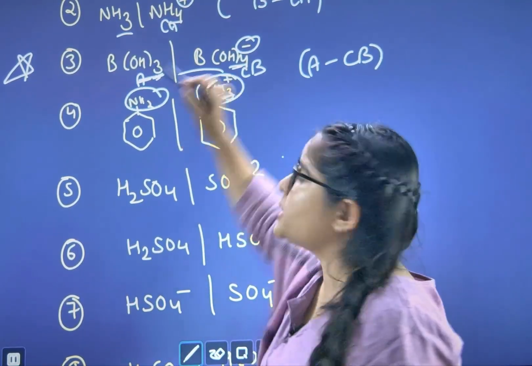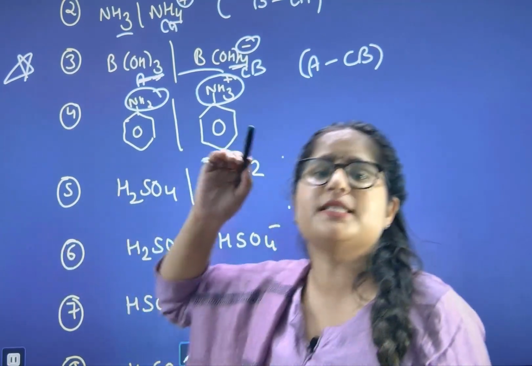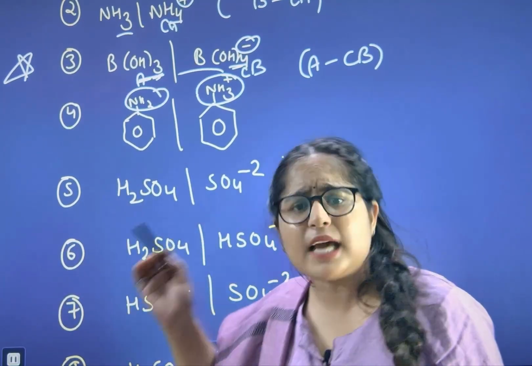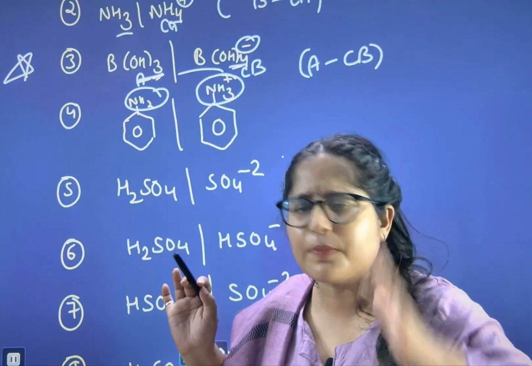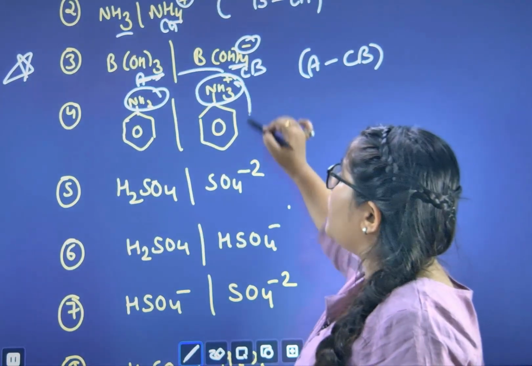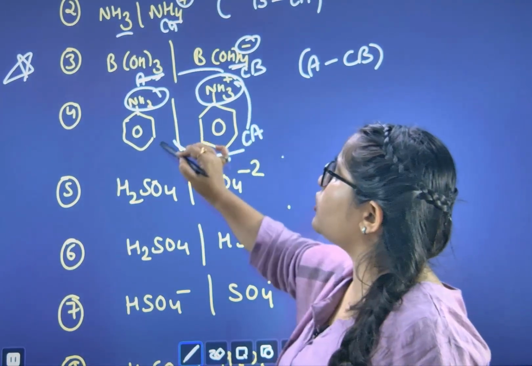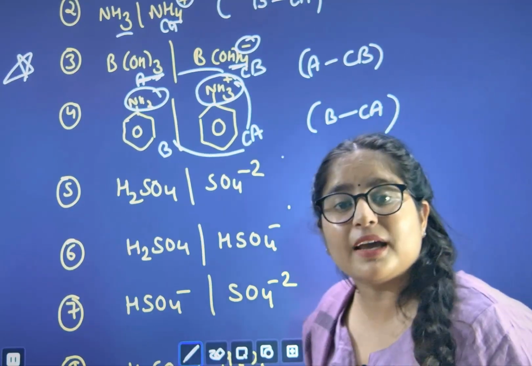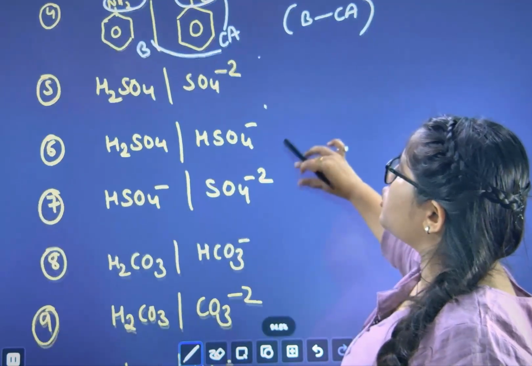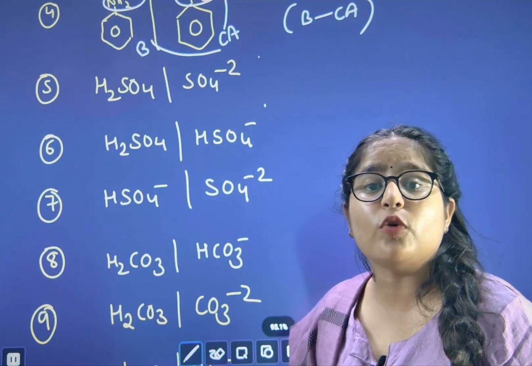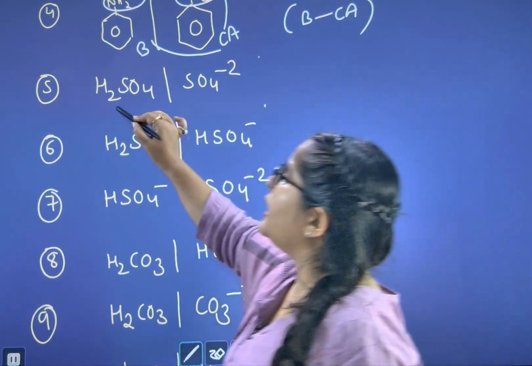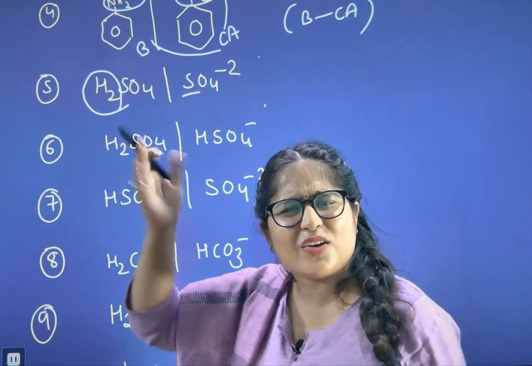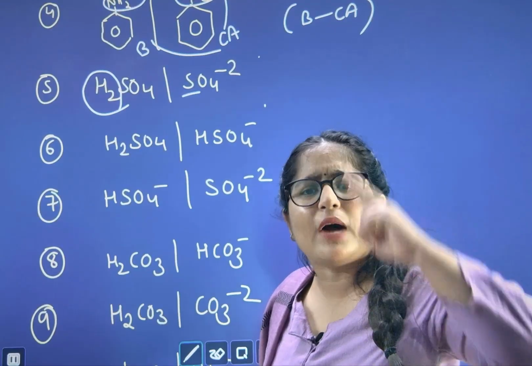NH2 and NH3, one hydrogen difference. If there is one hydrogen difference, yes, it can be some acid base pair. Let us see here. It is a cation, and the conjugate acid will come from the base. It is a base conjugate acid pair, right? Okay, let us see the next question. H2SO4 and SO4 minus 2. Here hydrogen is 2, so there is a 2 hydrogen difference.